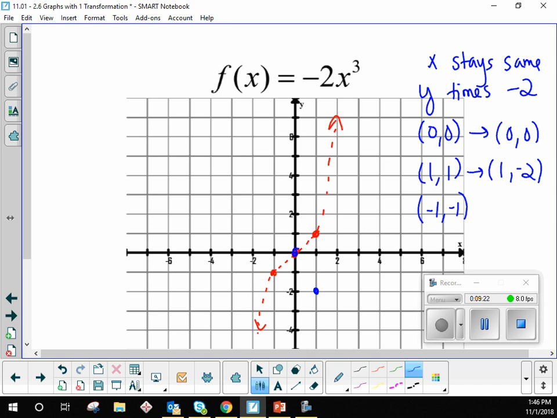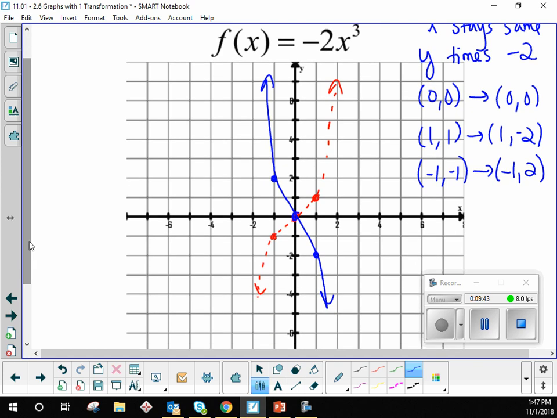X stays the same. The y value times negative 2 becomes positive 2. So this becomes negative 1, positive 2. So this point goes up to here. And then we connect them. So when you have an a out front, you're taking your y values, multiplying them by that constant a. But your x's stay the same.